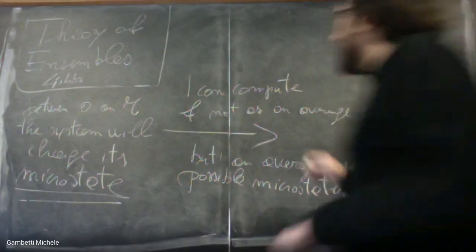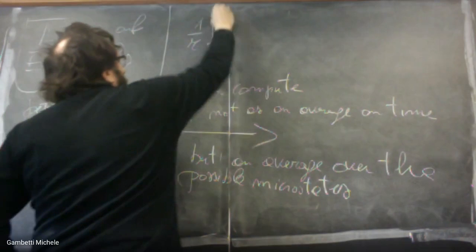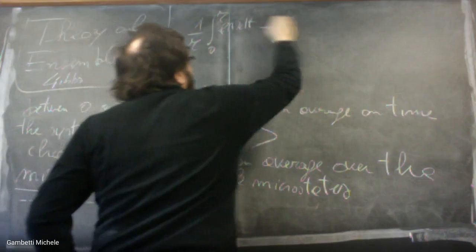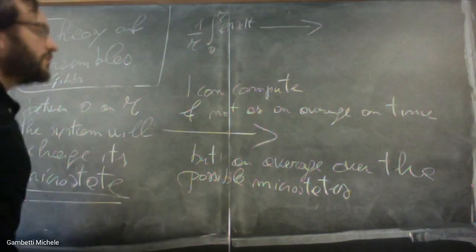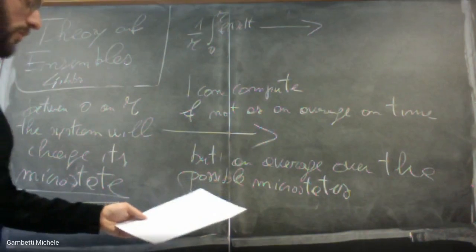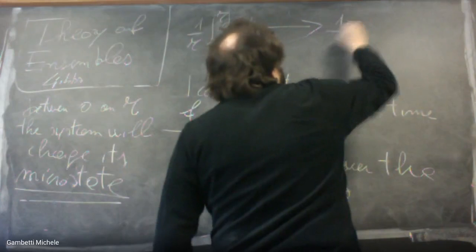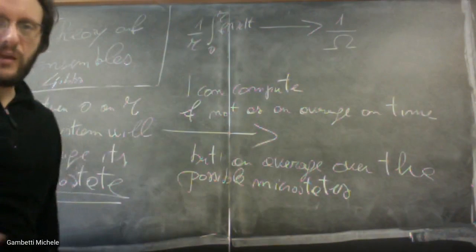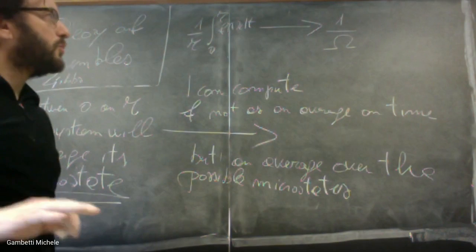So instead of doing this time average, I will substitute it with an average over all the possible microstates, and therefore we put something like this. At this level it is just a symbol, we are not telling how to compute this number.